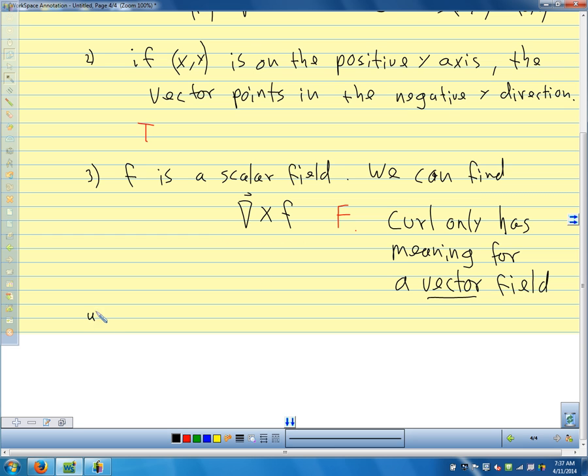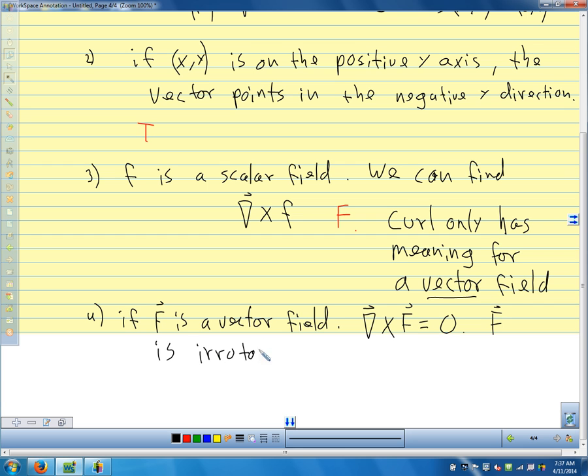All right, last one. F is a vector field. And we're saying that del cross F equals 0. F is irrotational, but not conservative.